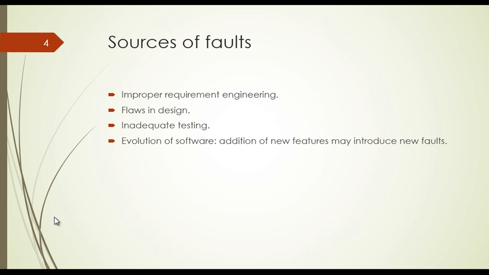Now, some of the sources of faults. One of the main criteria of building software is the requirement specification, or the software requirement specification document, known as the SRS. If improper requirement engineering has taken place, it's obvious that you're going to have sources of faults happening in between the different stages of the SDLC.